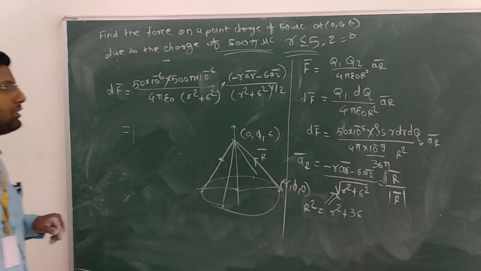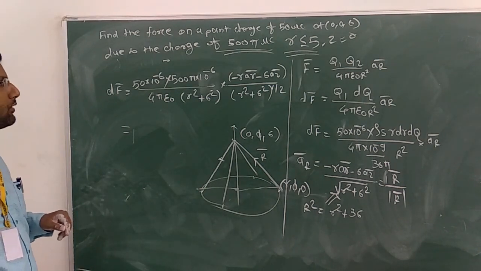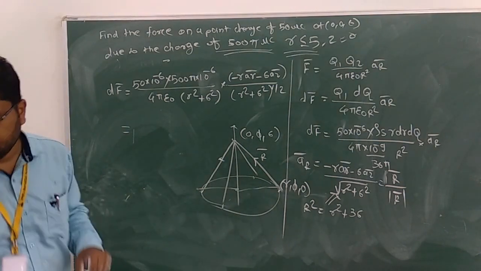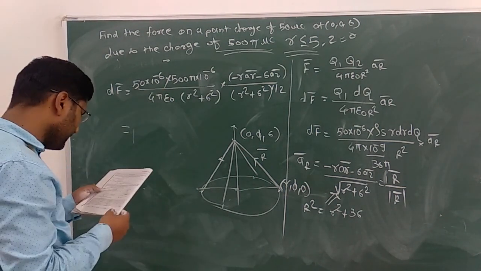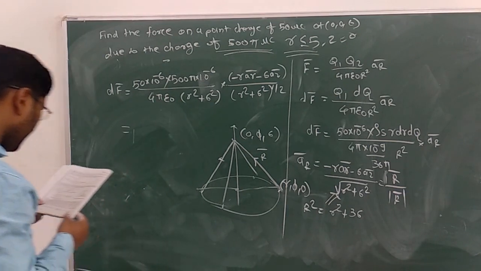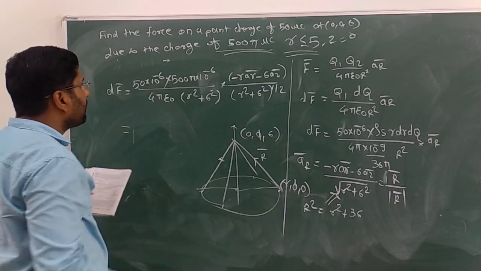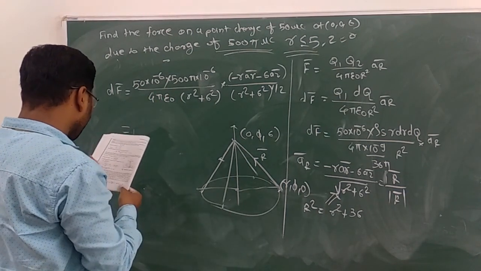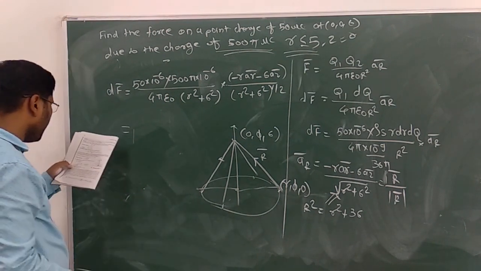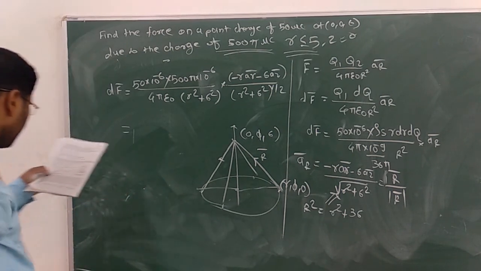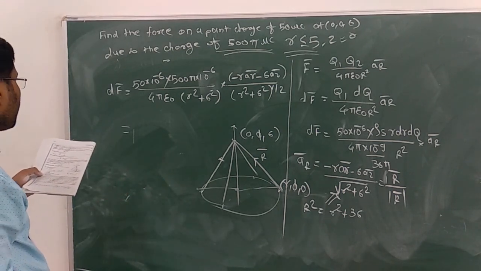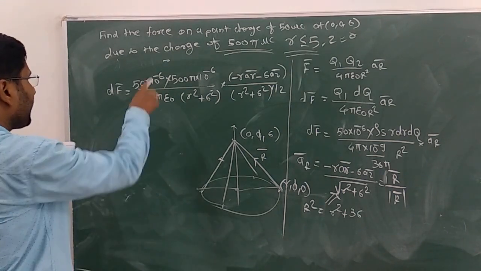So these will get cancelled. So what will remain is, I will directly write these calculations. So this calculation is converted into 450. So you do this calculation.